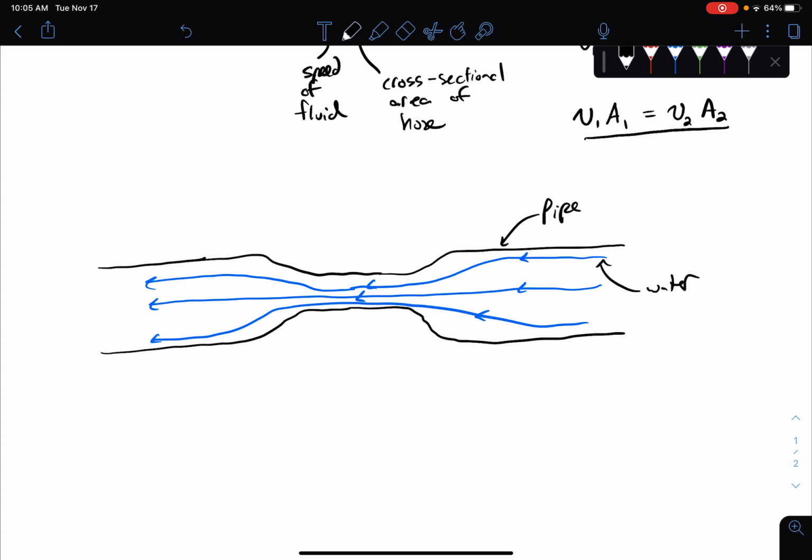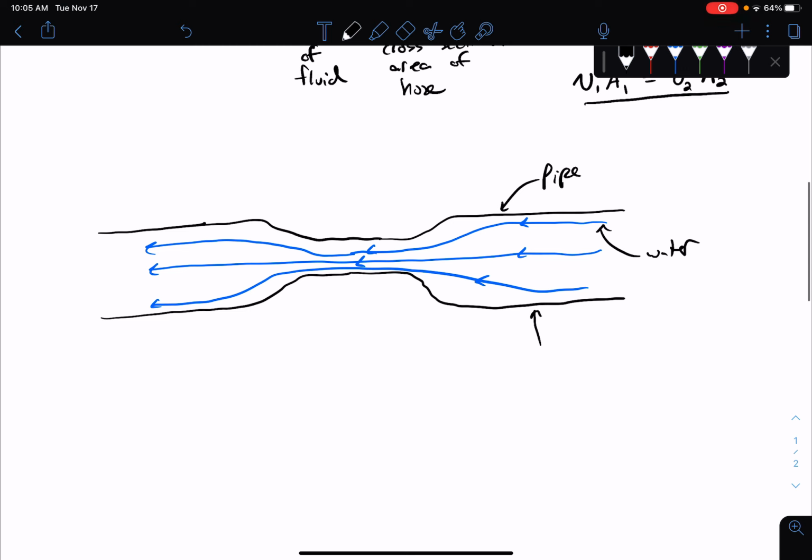What this continuity equation tells us is that through here, where it's got a larger diameter, the water is going to travel at a low speed. But at this point where it's more constricted, with a smaller diameter, the water is going to travel through at a high speed. All right, and then over here it's back to a low speed.